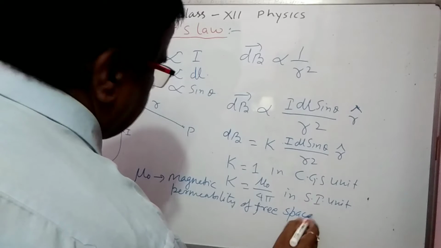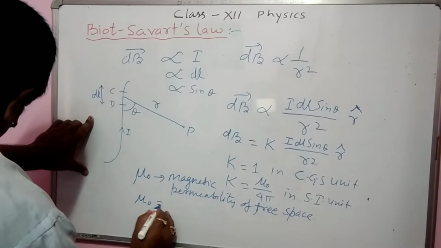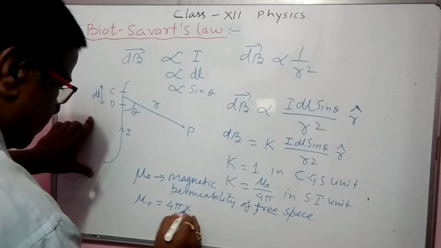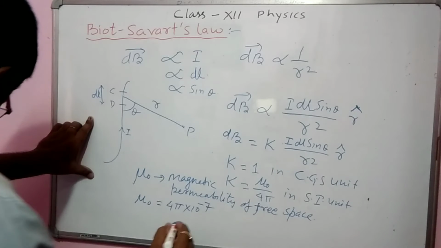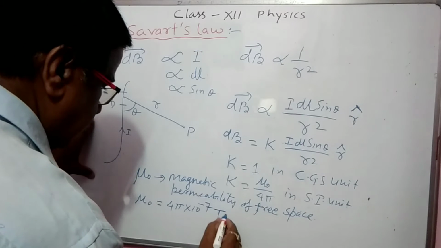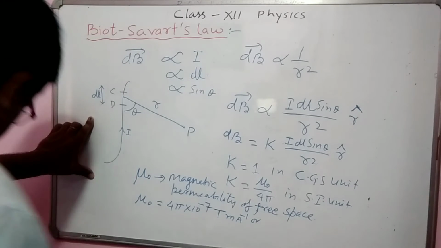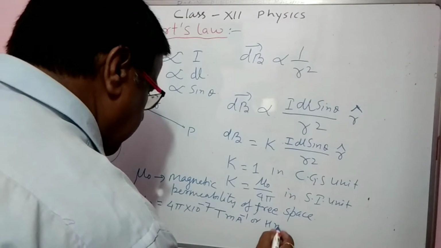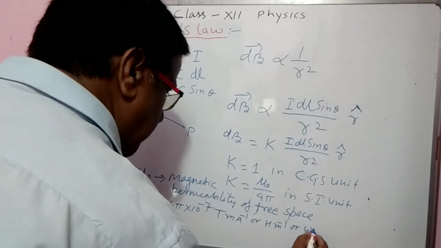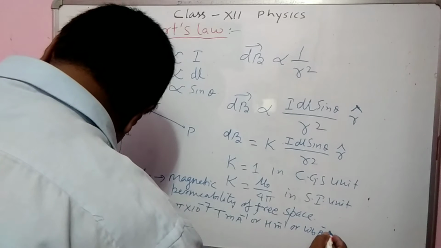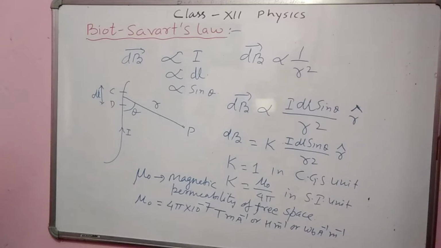Free space means vacuum, and its value is 4 pi into 10 power minus 7 Tesla meter per ampere, or Henry per meter, or Weber per ampere per meter. This is the unit of mu naught, magnetic permeability.